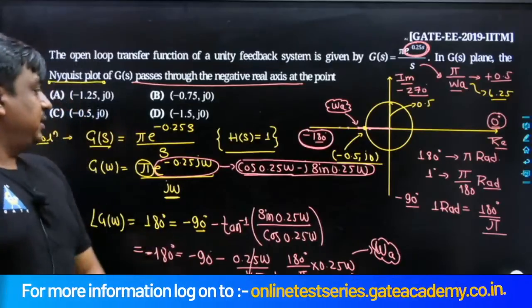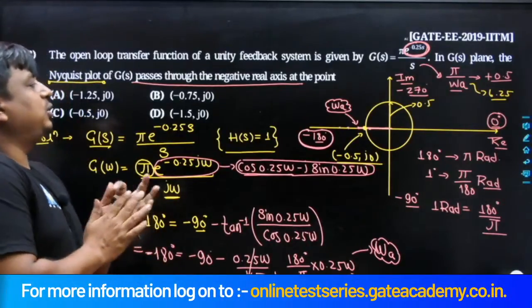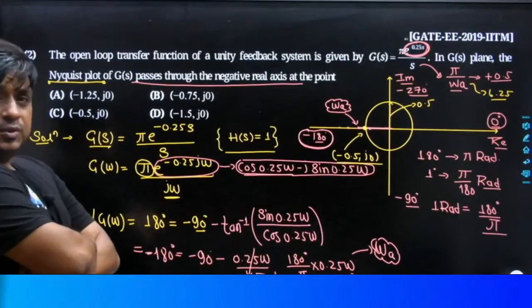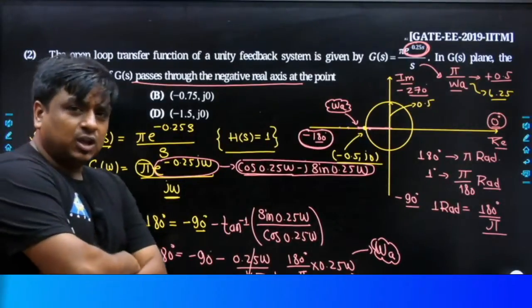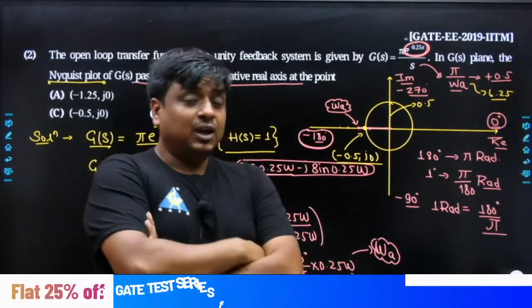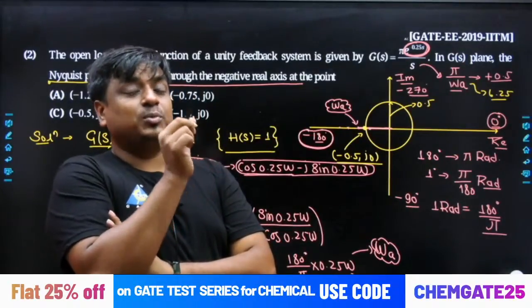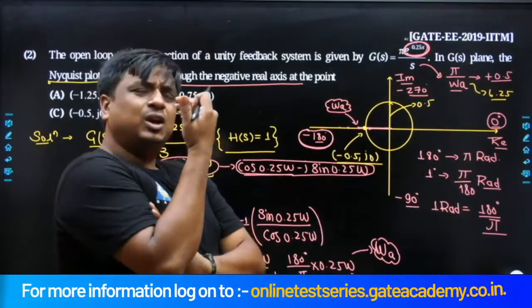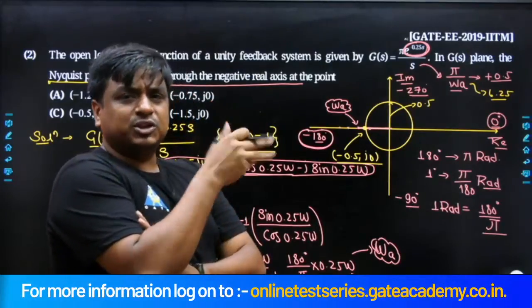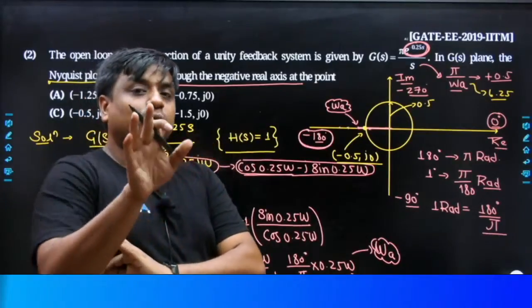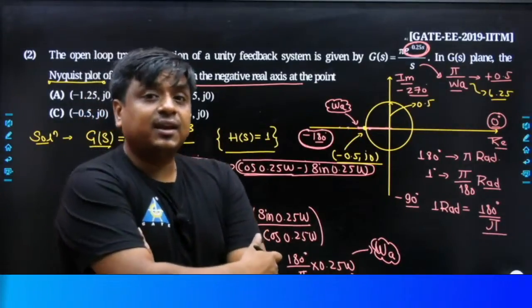Pavandip Singh, thanks dear. So again, I would like to give a few highlights of this problem. Whenever you are talking about the intersection point of Gj omega, Hj omega, maybe over the negative real axis, positive real axis, positive imaginary axis, or negative imaginary axis, always take the reference of the angle line.